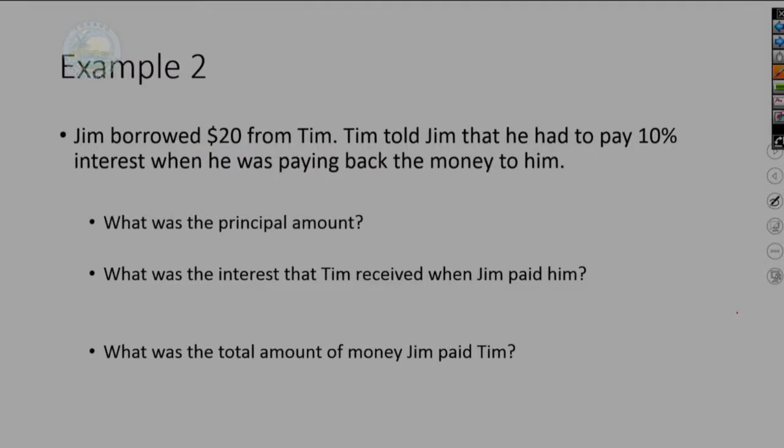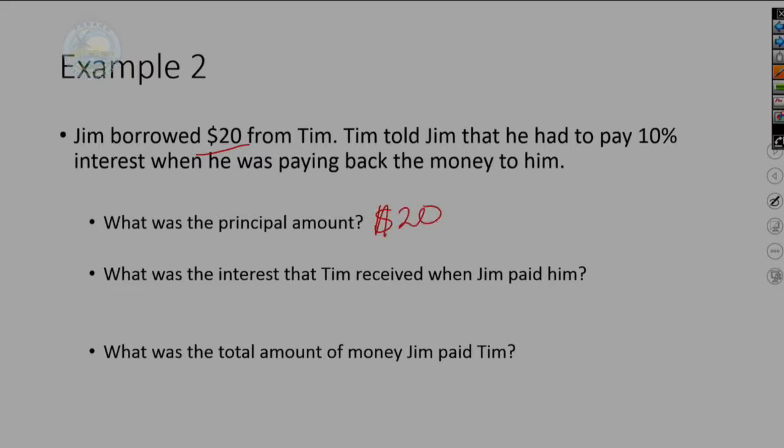How about this one? Jim borrowed $20 from Tim. So Jim came back again, borrowing more money. And Tim told Jim that he had to pay 10% interest when he was paying back the money. Again, what was the principal amount? The principal amount was the initial amount that was borrowed, so that would be the $20.